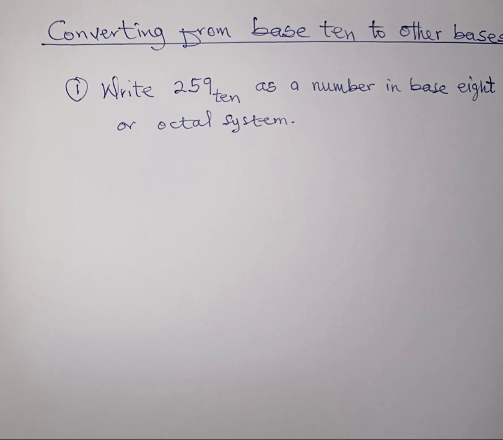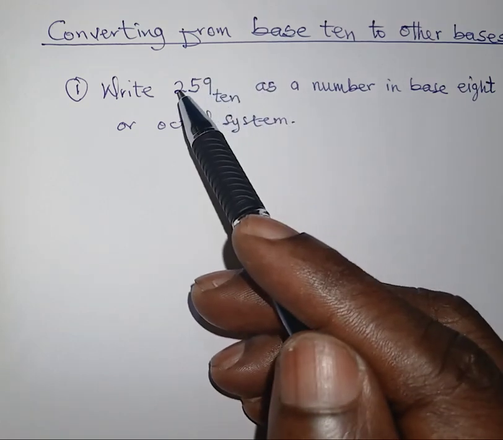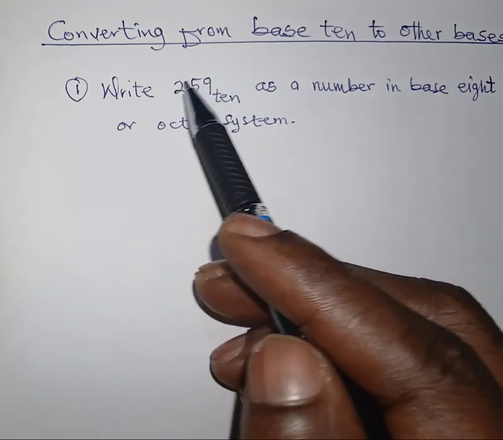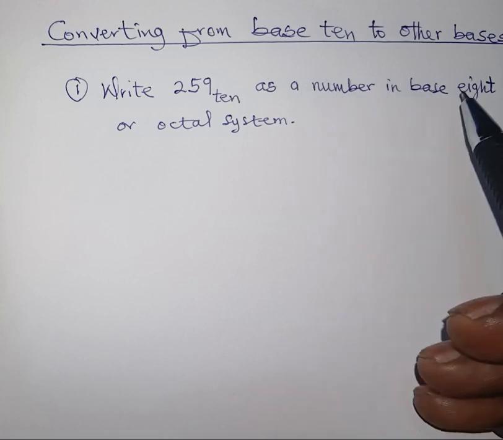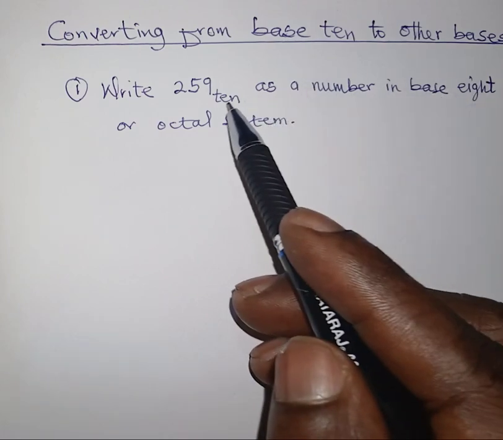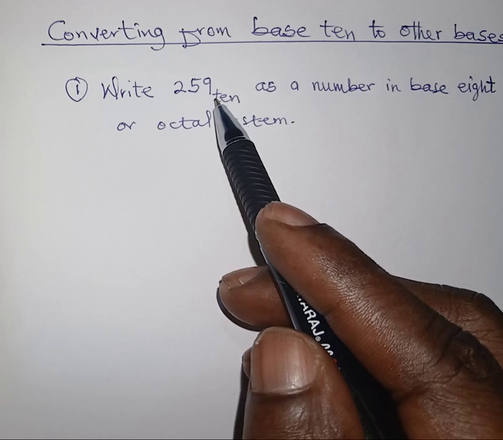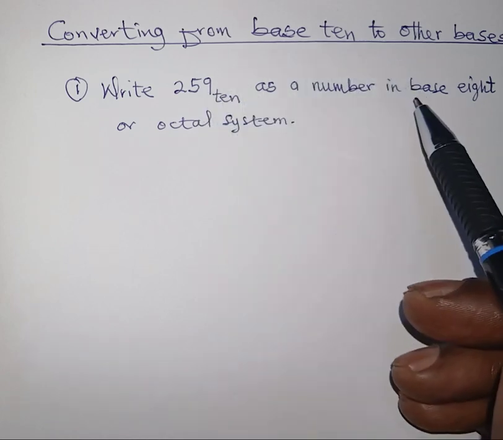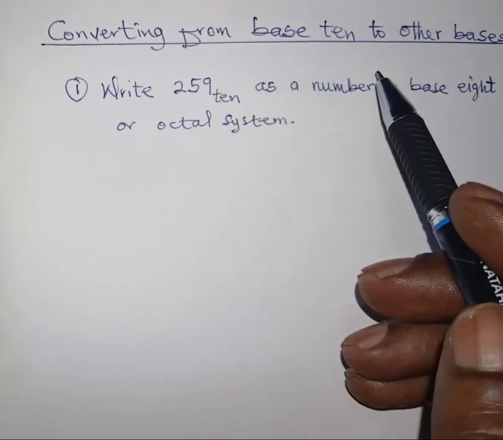So what you do is you divide the number by the given base, not base 10, but whatever base you are to convert to.